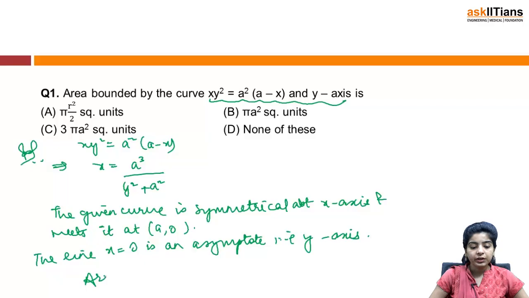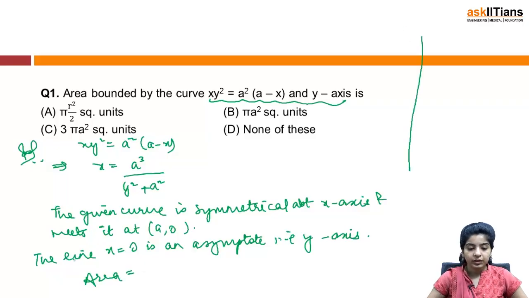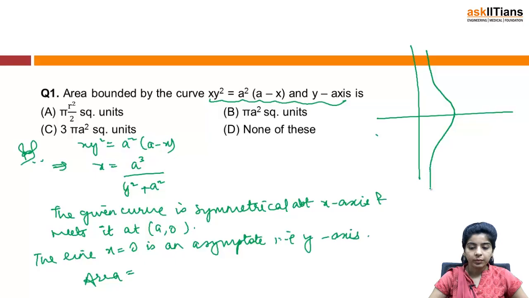So what about the area? First of all, let me draw the figure. It would look like something like this. So this is the curve that we are talking about. The y axis is the asymptote, so we will have a curve of this form. It will run parallel to the y axis. This is the y axis, so this is showing that the y axis is the asymptote.